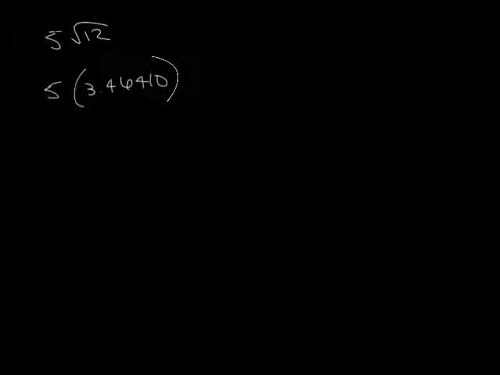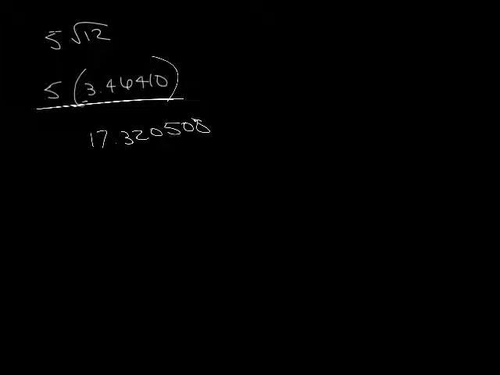First of all, we multiply these two, and we get 17.320508. In fact, this square root of 12 goes on forever. The decimals don't end, but let's just end it at 5 decimal places. Multiply it by 5, and we get this.